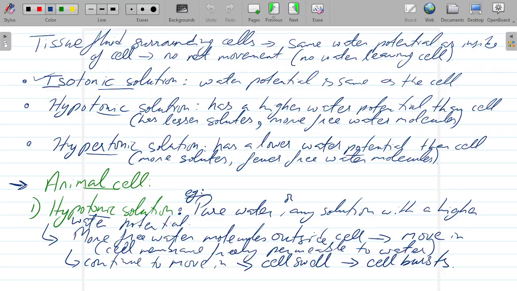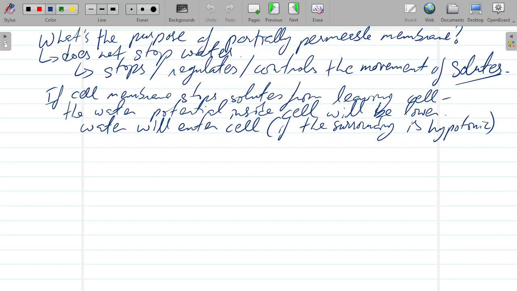Now, that's for the hypotonic solution. The hypertonic solution. So in this case, obviously, you manage to put the cell in an environment where the outside is more concentrated.